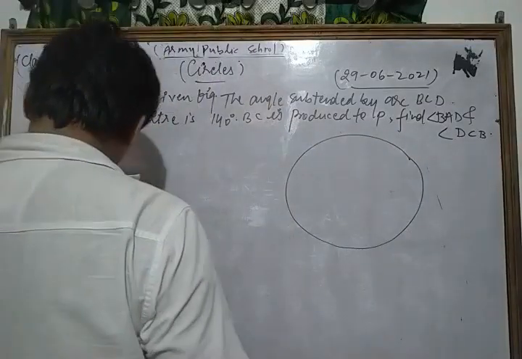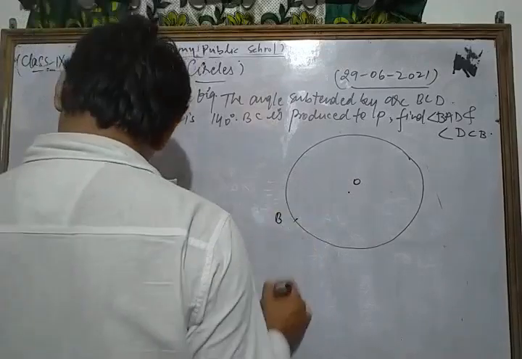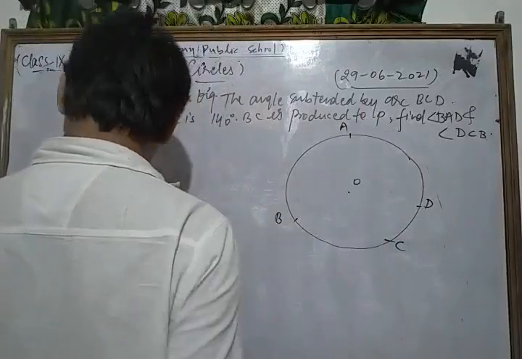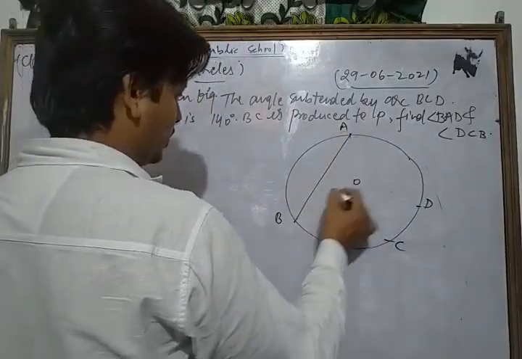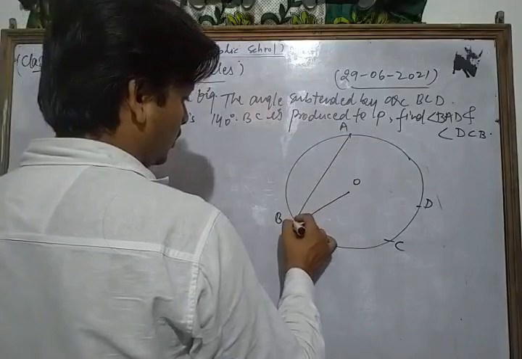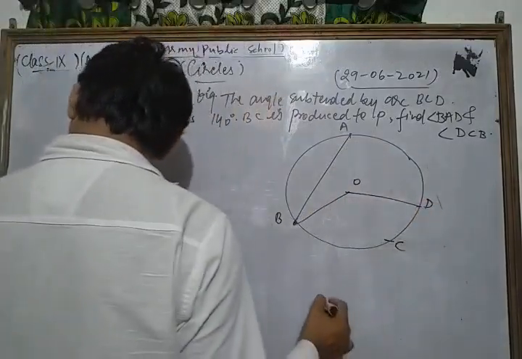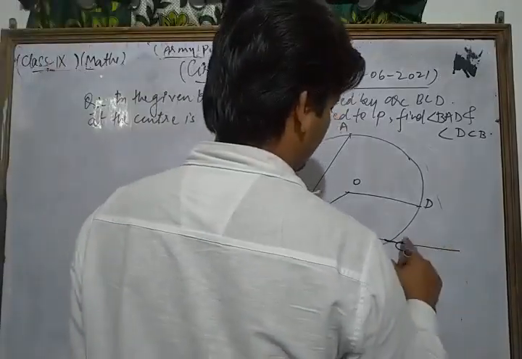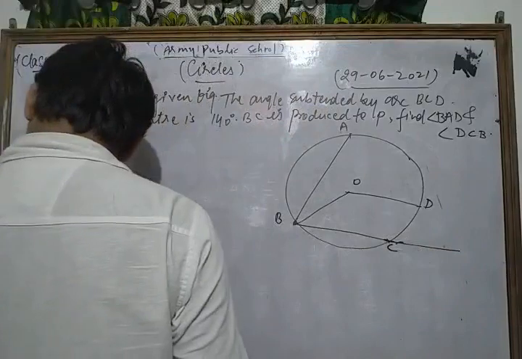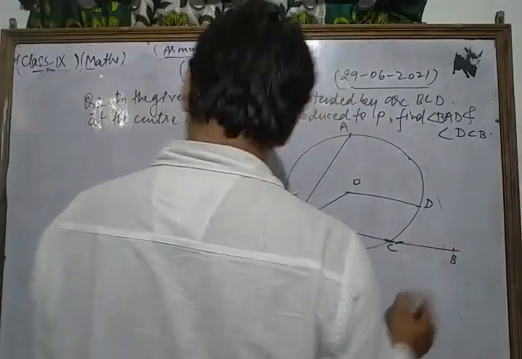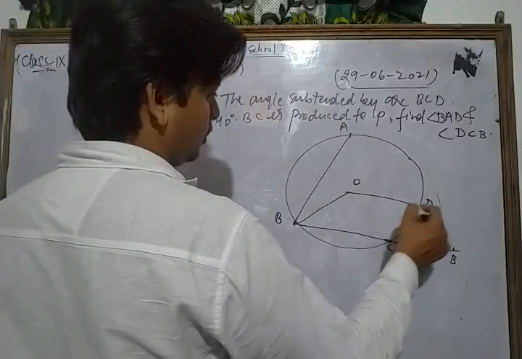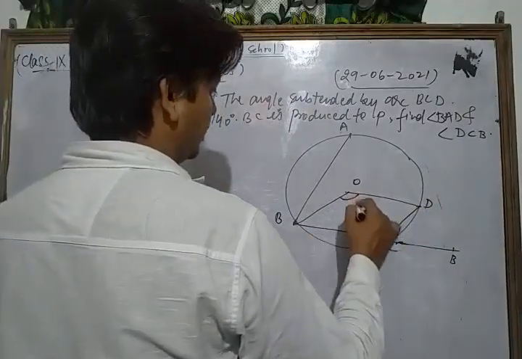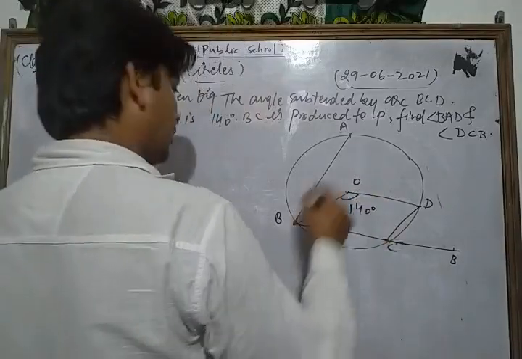Your figure is, look, a circle with center O. Here B, C, D, A. And we just join this, and BC is produced to P. This is C, BC produced to P. Now this is 140 degrees.